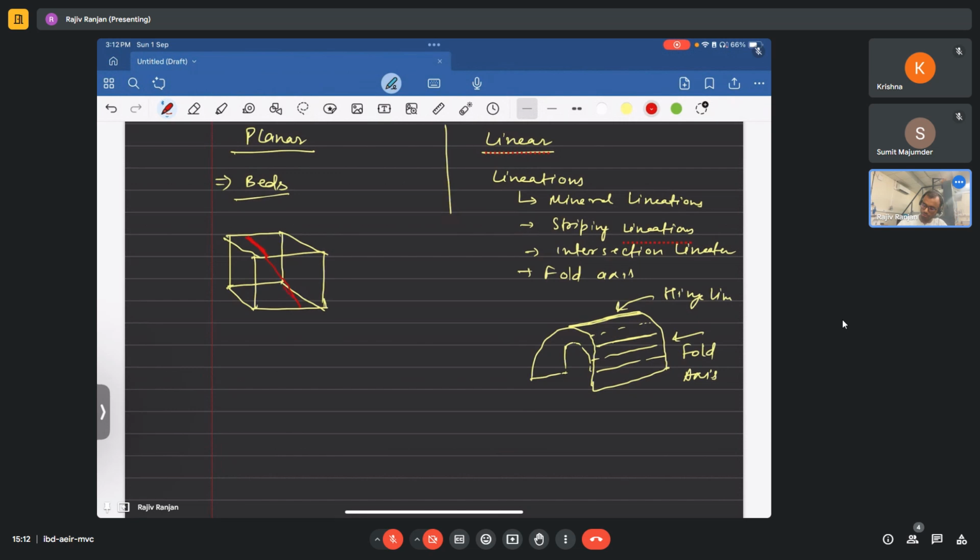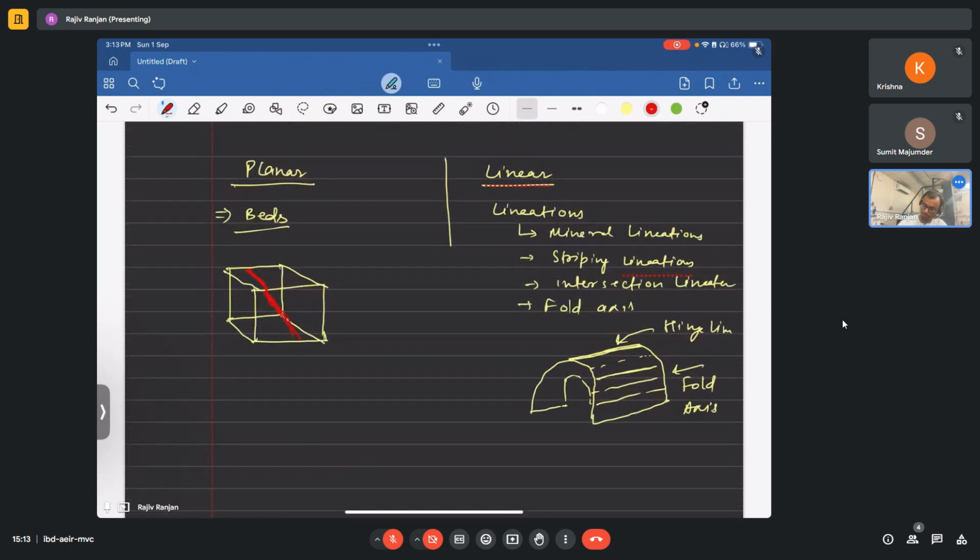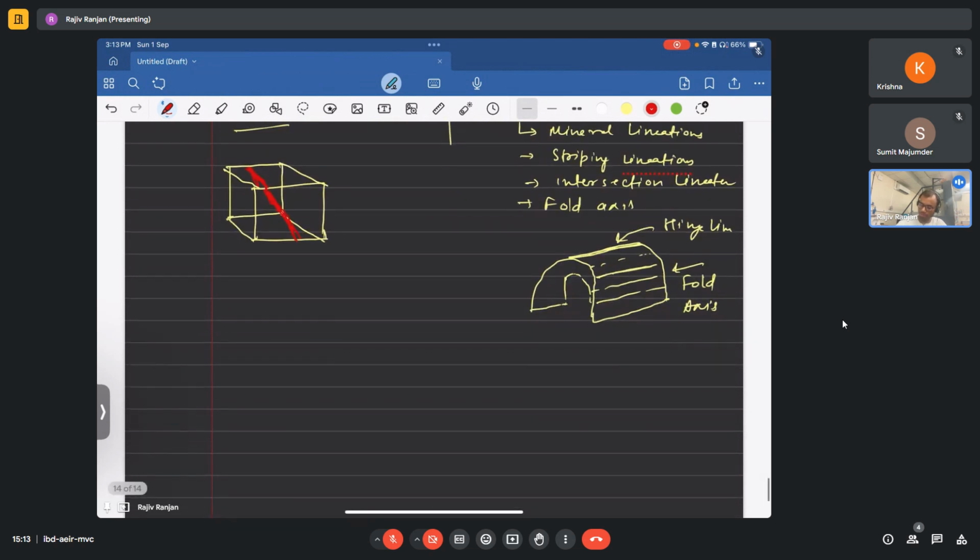If you can follow the bed here, in the cross section you can see. So I will just draw another bed here. Suppose you are looking at a cross section, and this is the bed.